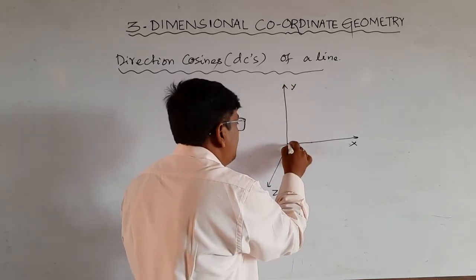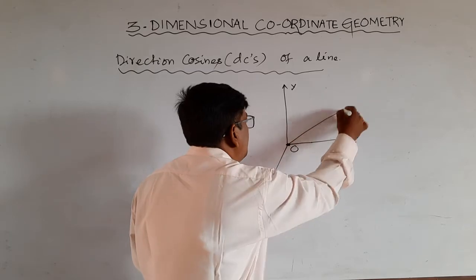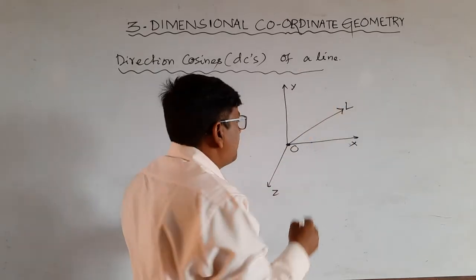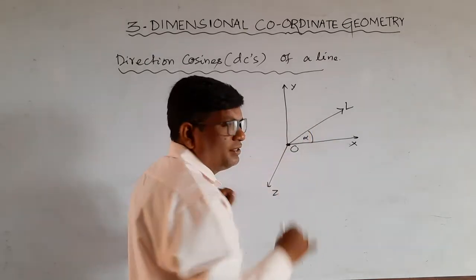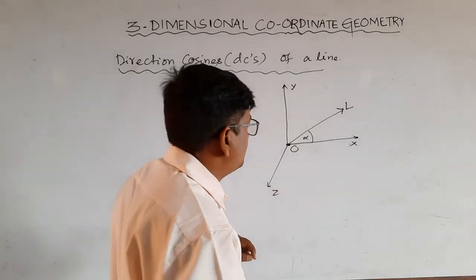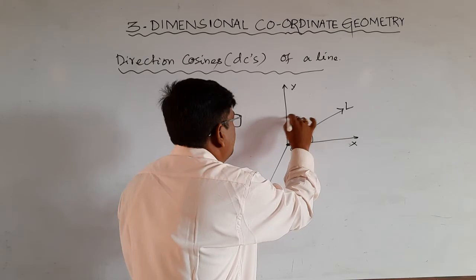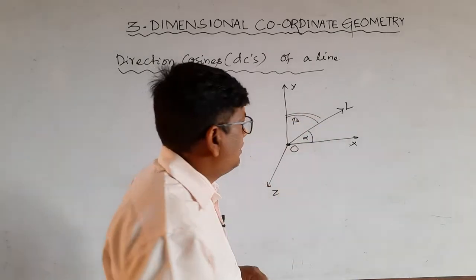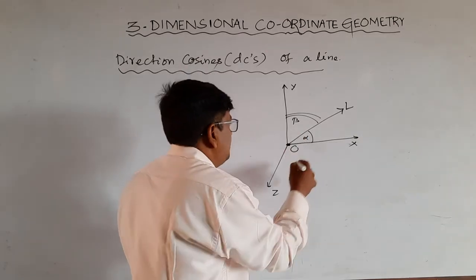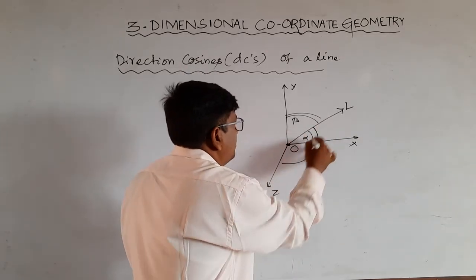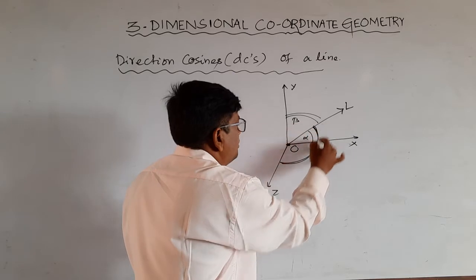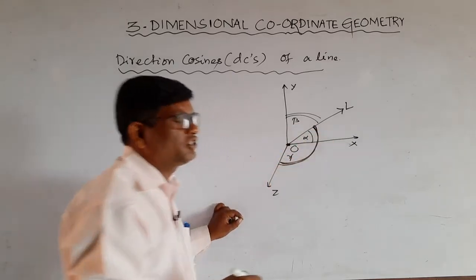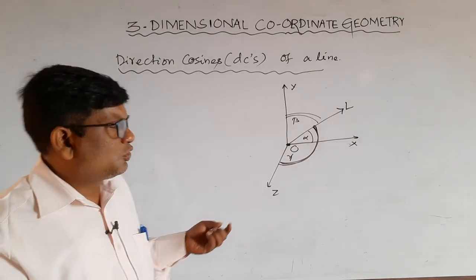Suppose a straight line passes through the origin and makes angle alpha with the positive direction of the x-axis, angle beta with the positive direction of the y-axis, and this is gamma with the positive direction of the z-axis.